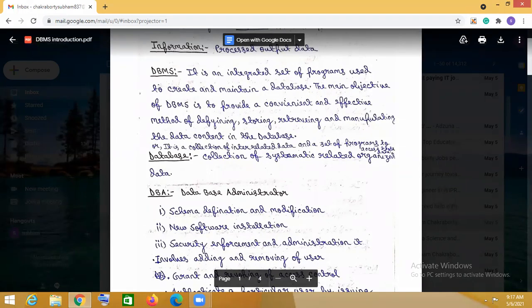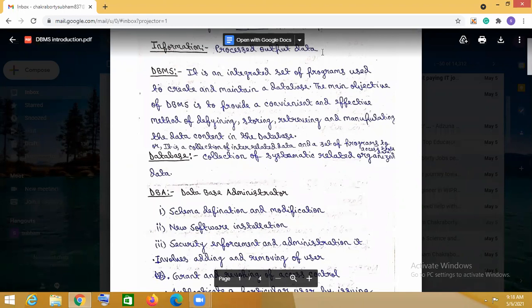It involves adding or removing users, so a user can be added or removed. Then granting and revoking access control. A user can access the database or cannot access the database. This permission is also given by the database administrator.